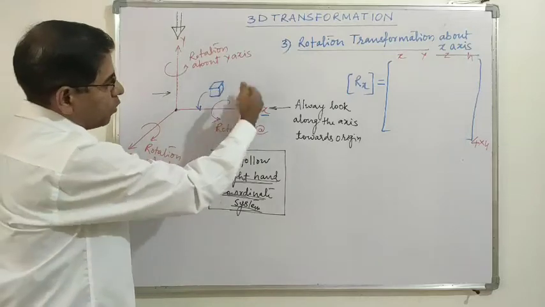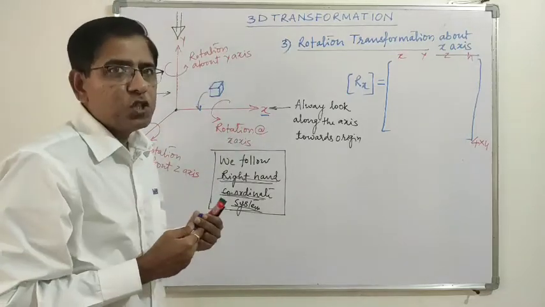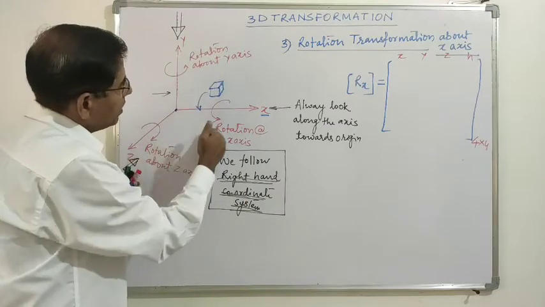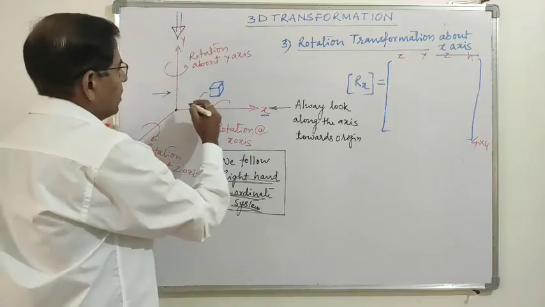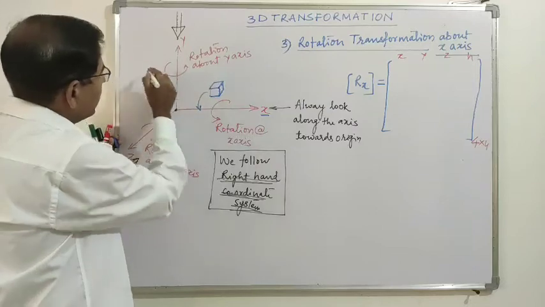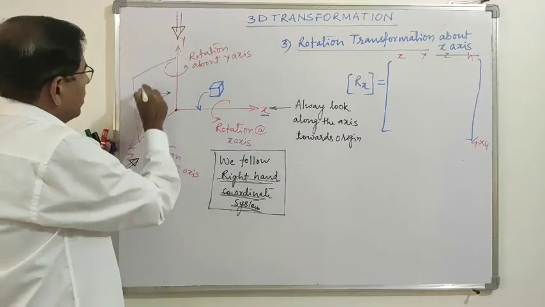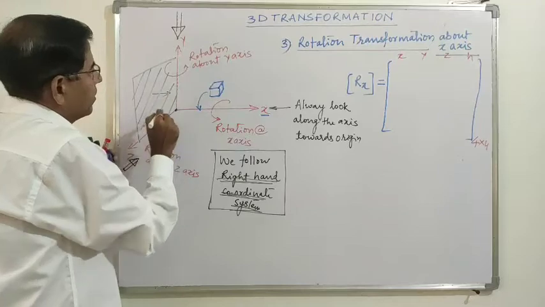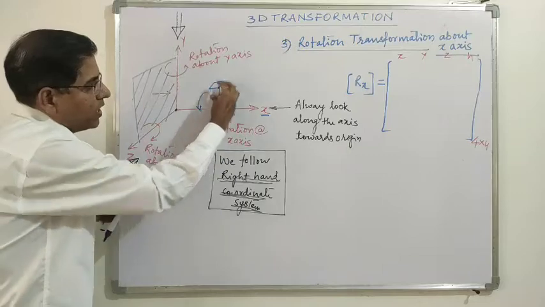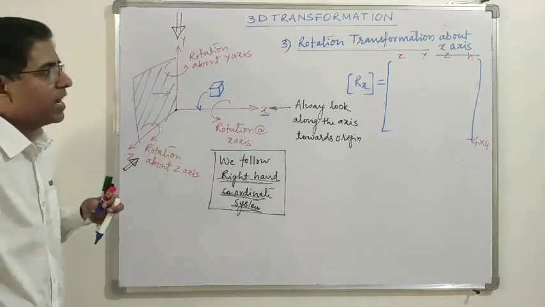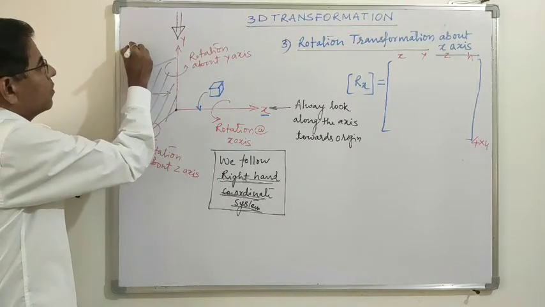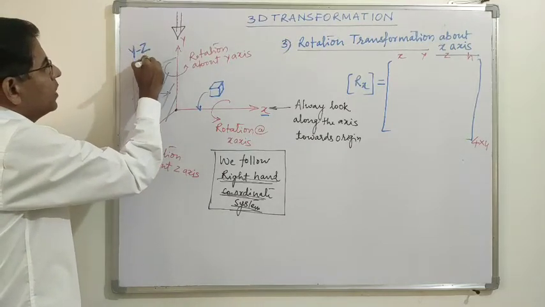If you rotate the object about x-axis, then in which plane is this object rotating? The object is rotating in the YZ plane. If this object is rotating about x-axis, that means it is rotating in the YZ plane.